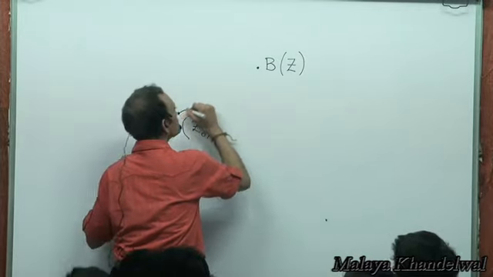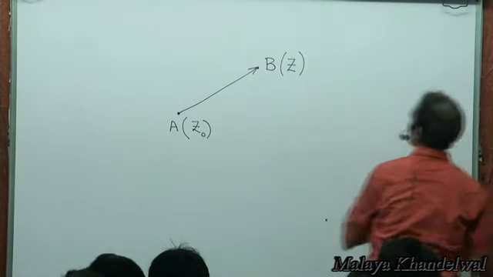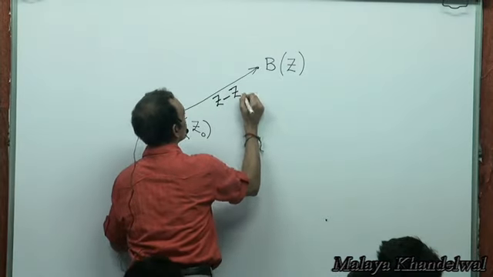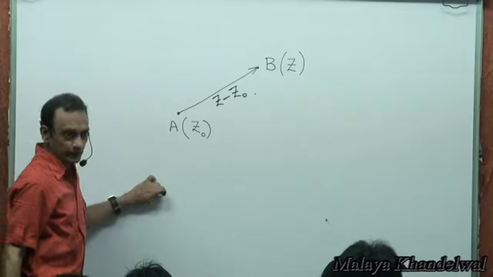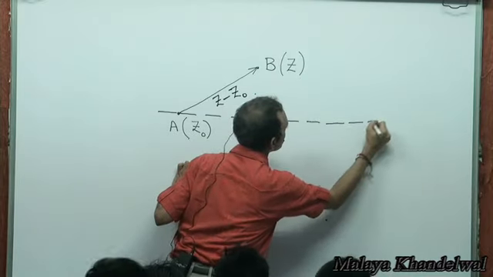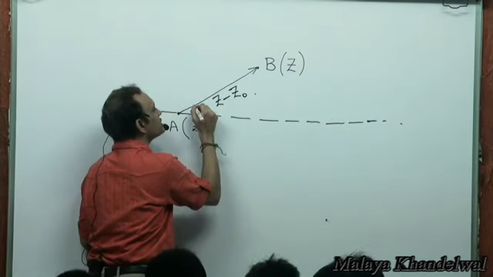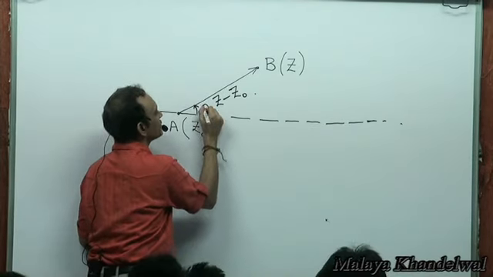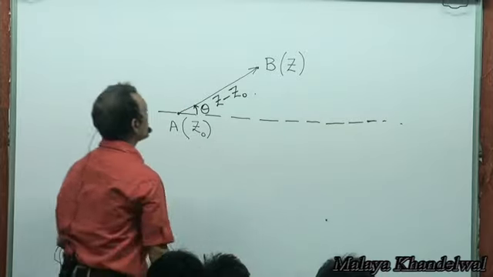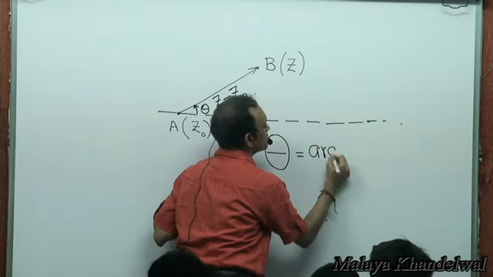Then this vector would be z minus z0. If this is a line parallel to the x-axis, and the vector z minus z0 made an angle theta with this line parallel to the x-axis, and this is the positive direction of the x-axis, then this theta represented the argument of z minus z0.